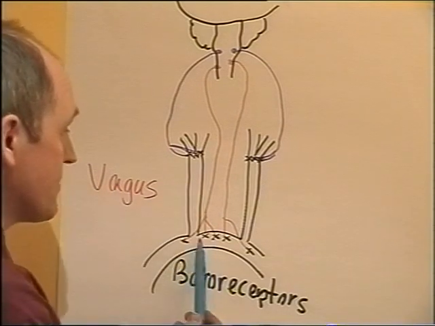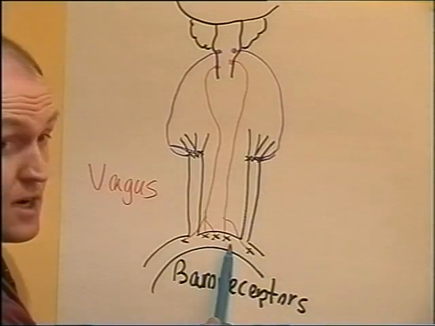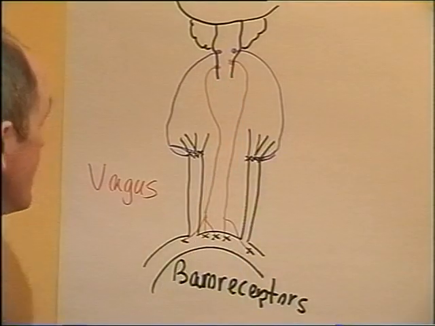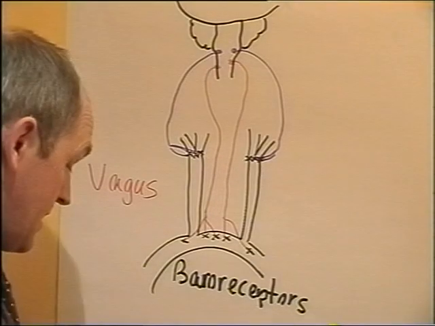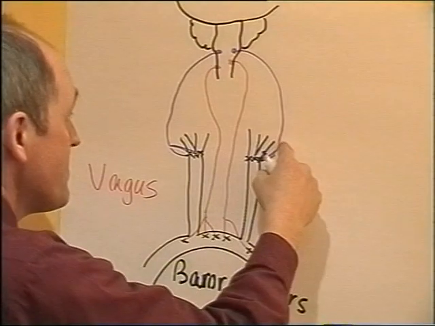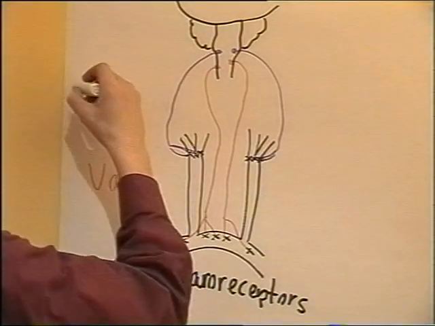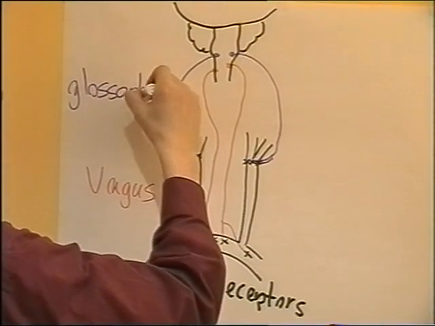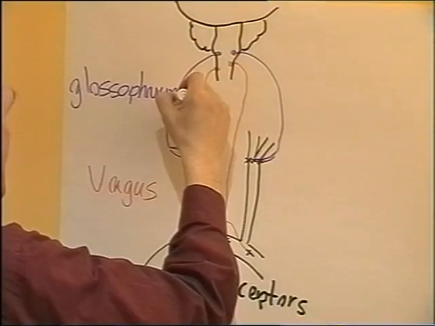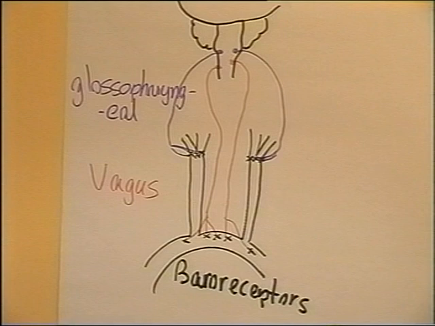From the carotid sinus up to the brainstem, these are branches of the glossopharyngeal nerve.